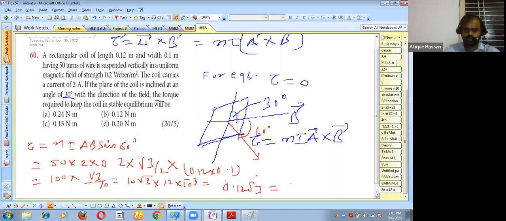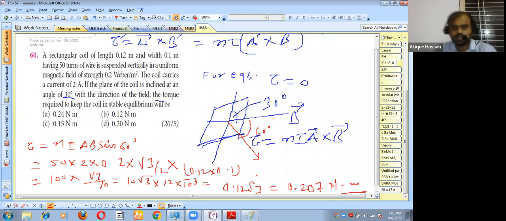So we will get 0.207 Newton meter. Got it? Have you applied the same method? So this is how we should solve the question, and we can get it right.